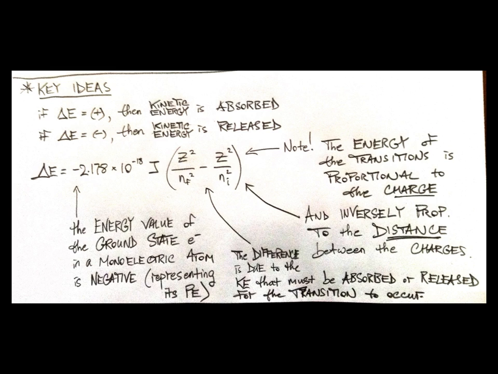Hence why you are multiplying that factor times Z squared. You are also dividing that factor by the distance, effectively, between the electron and the nucleus. Therefore, it coincides with what we have already discussed, which is that the attraction is inversely proportional to the distance between the charge.